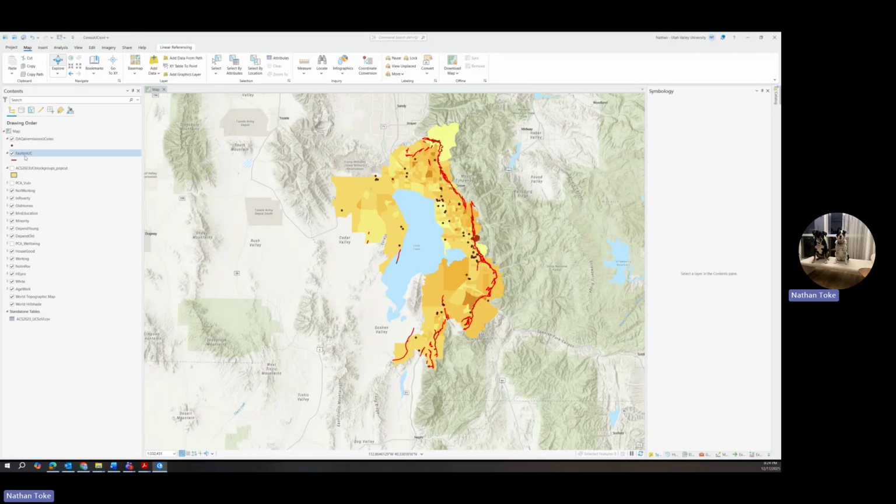We'll create features, which will be buffers around those hazards, to represent zones of risk. In the case of air emissions, those zones of risk would in reality be asymmetric, right? Winds have a prevailing west to east flow, because we're in the zone of westerlies.